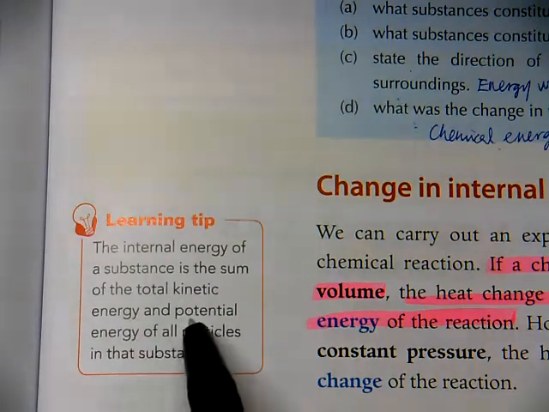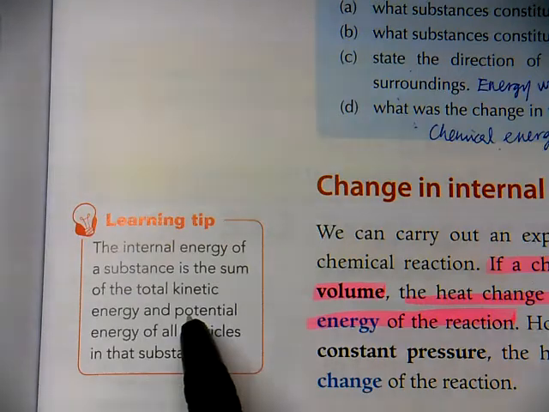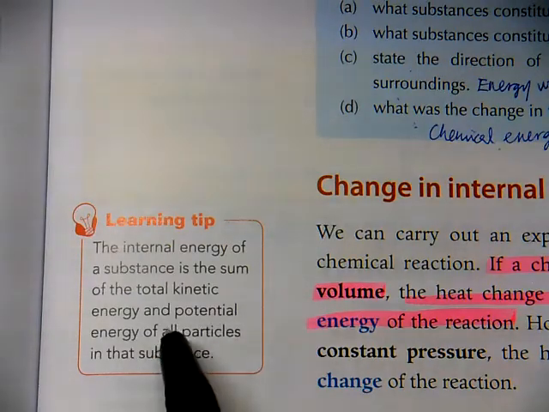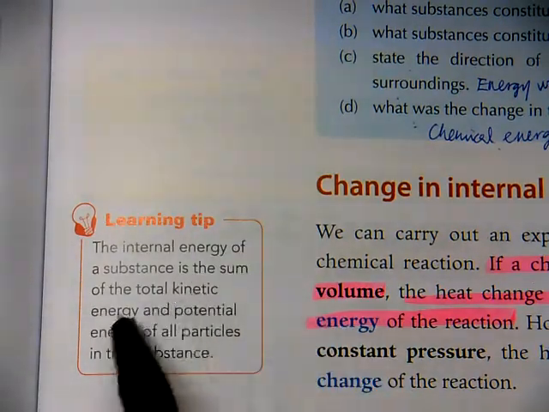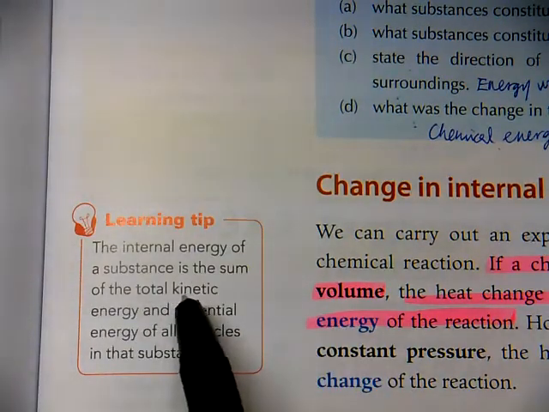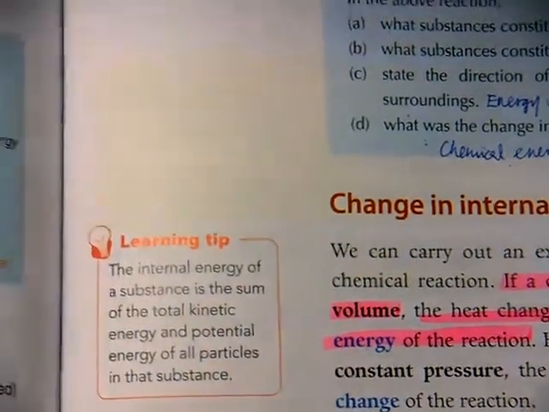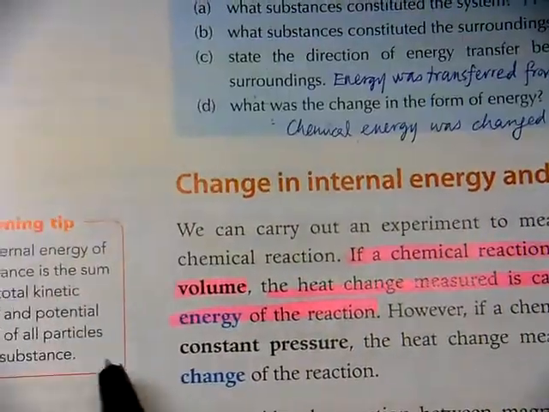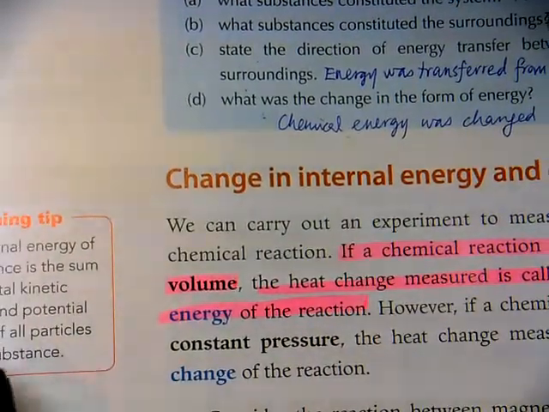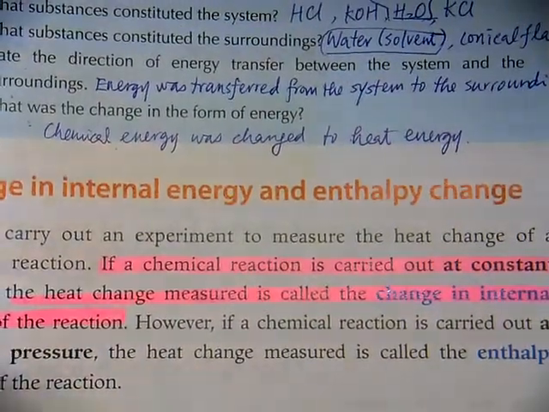Kinetic energy is about velocity, and potential energy is a matter of height. But for chemistry students, it doesn't matter. You have learned these two terms in Form 1 IS, kinetic energy and potential energy. The summation of the total kinetic energy and potential energy is called the internal energy. Bear in mind, okay?